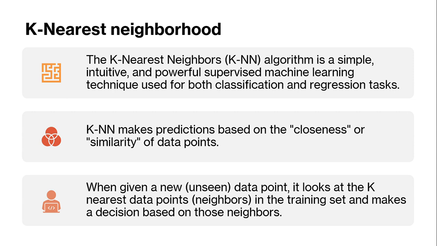K nearest neighbors makes predictions based on the closeness or similarity of data points. When given a new unseen data point, it looks at the K nearest data points, that is the neighbors, in the training set and makes a decision based on those neighbors.